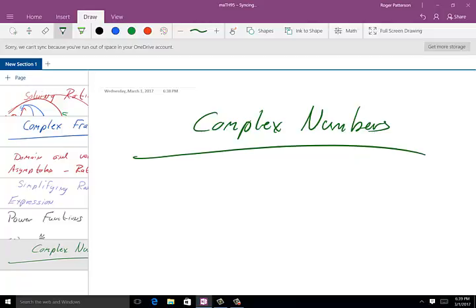Okay, so complex numbers. All right, that's going to be our little topic here. And complex numbers is just the imaginary number, which is defined as the square root of -1, and it's symbolized by an i for imaginary.